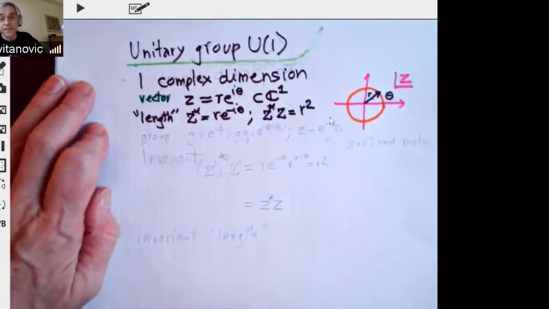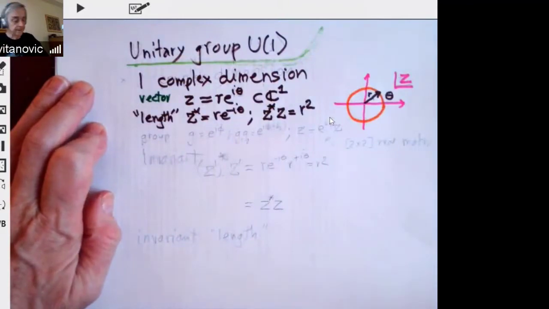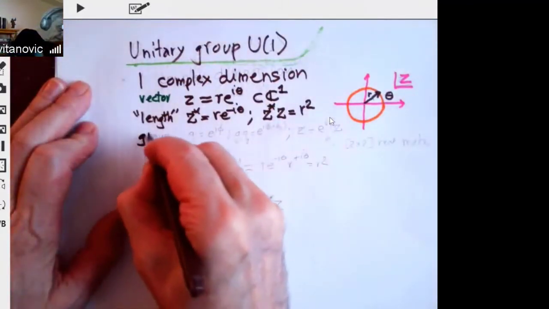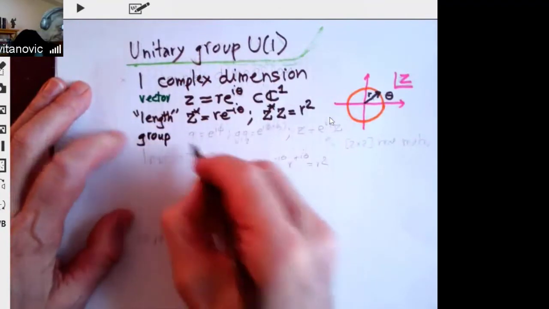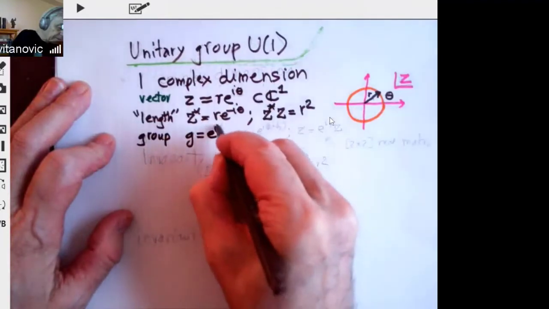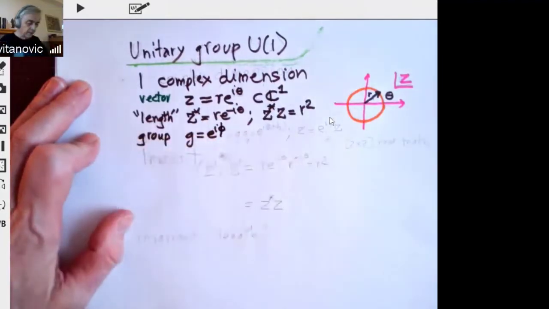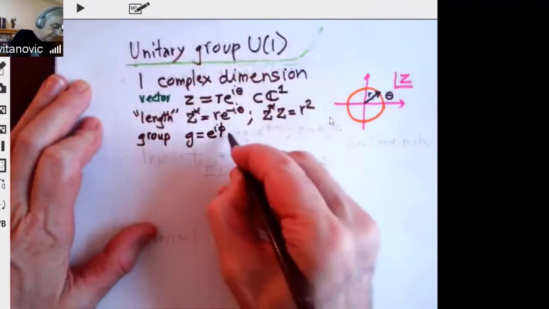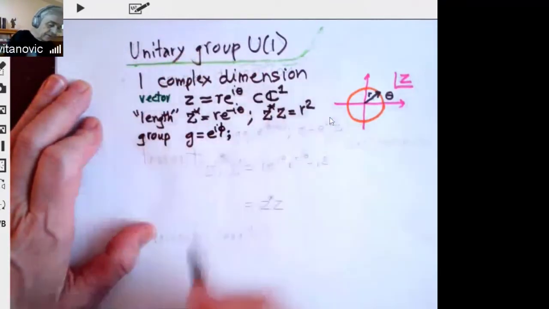Now, why is this called unitary group? Well, we can define a group element as a complex number of radius 1, length 1. That's what unitary means. It's a unit in radius.